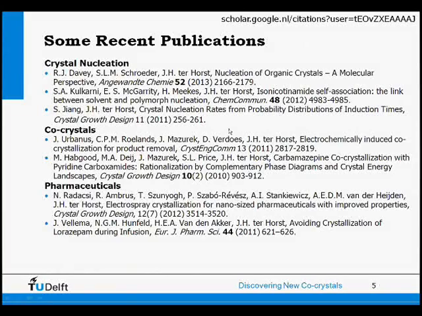So I'm experienced in crystallization. I investigate crystal nucleation, co-crystals, but also pharmaceuticals and innovative crystallization processes, like you see here on some recent publications. You can find all my publications on Google Scholar, and the link is on the upper right of this slide.